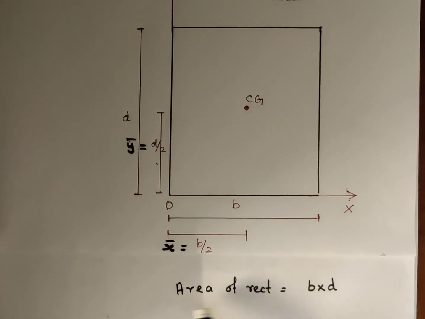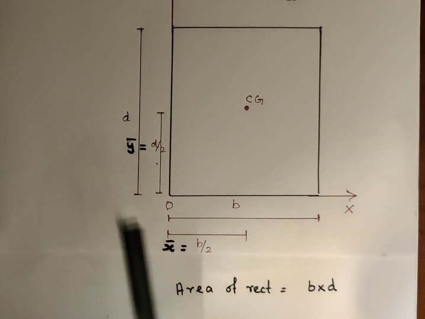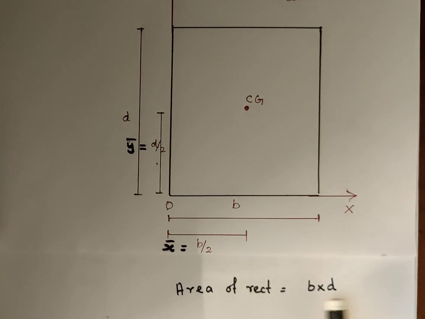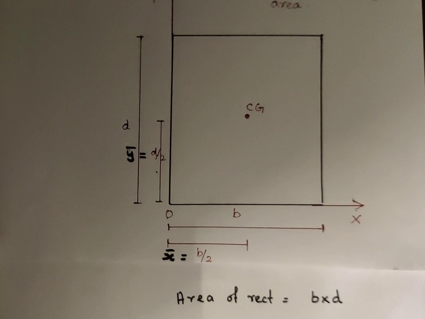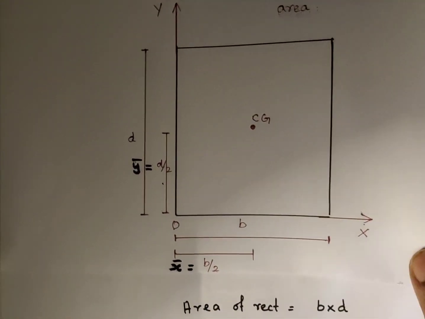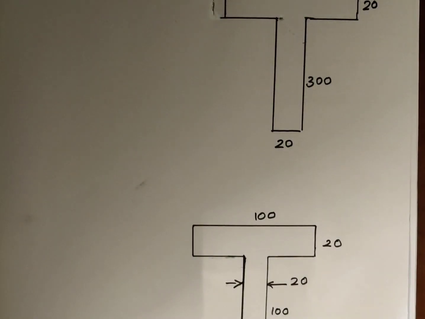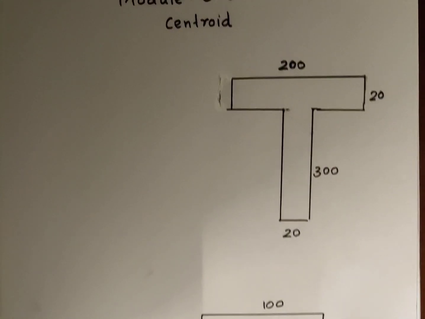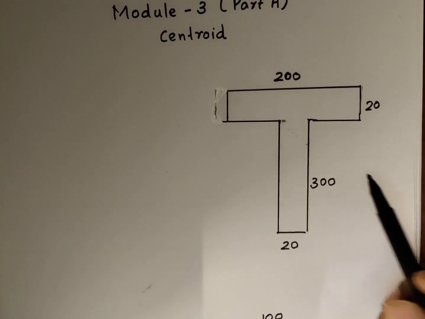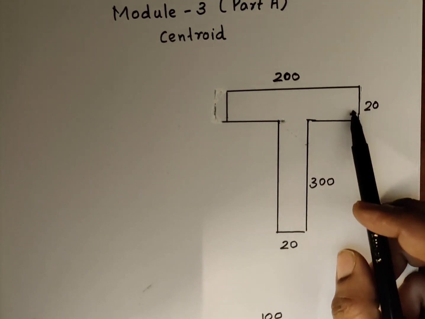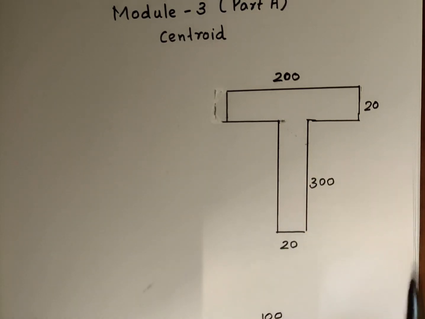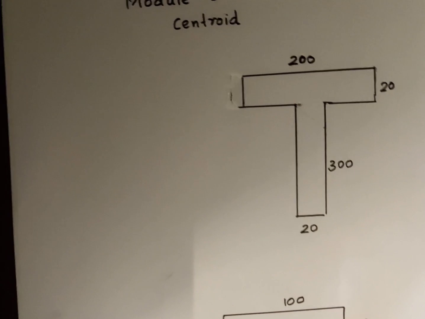Now the area of the rectangle is equal to base width into depth, that is B into D. Now we will see figures made up of rectangles. The first composite section is a T section which is made up of two rectangles. This is the first rectangle and this is the second rectangle.